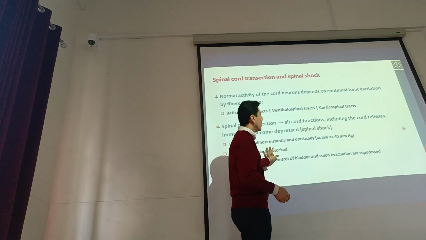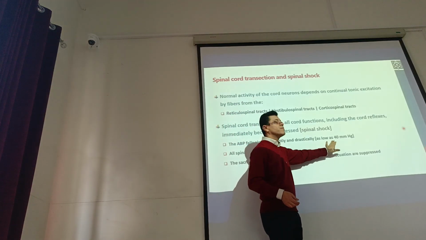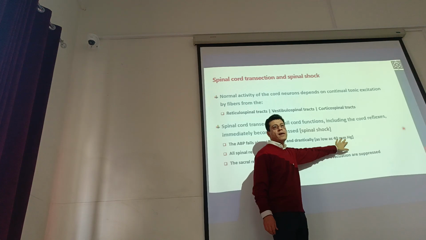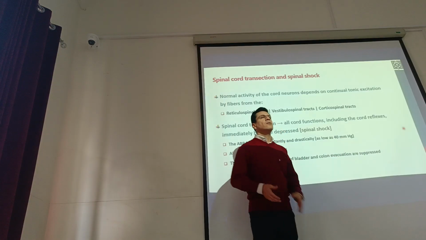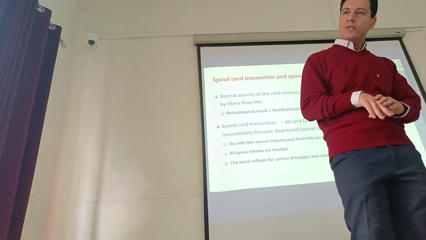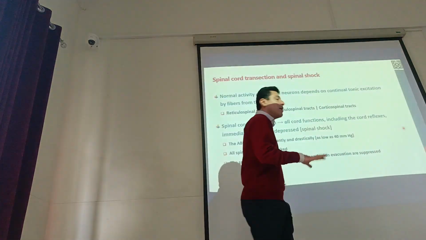Blood pressure may reach 14 millimeters of mercury. It's very low actually, about 40 instead of 20. So all reflexes are lost and blood pressure goes down.